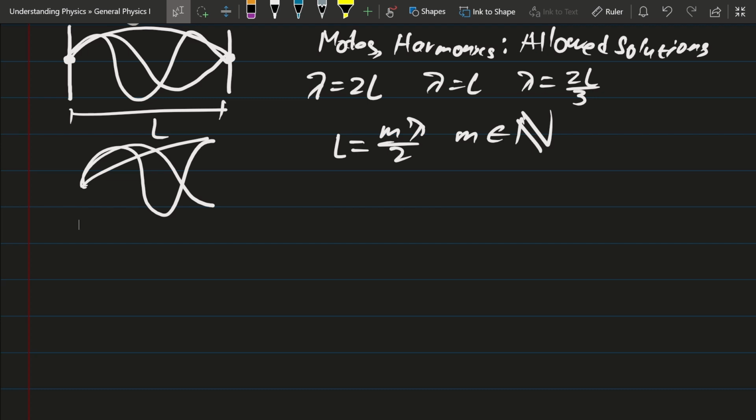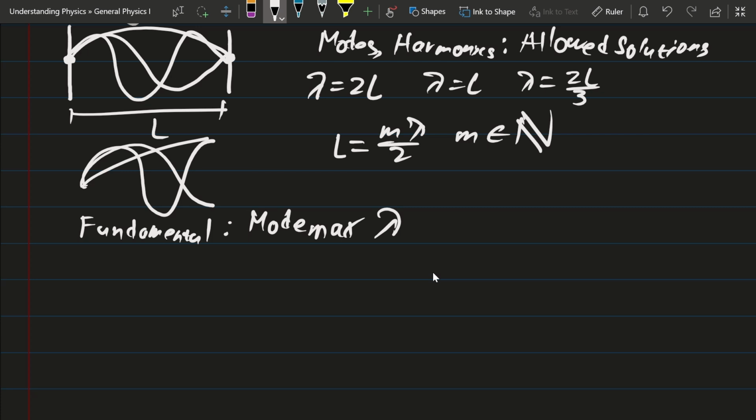So another type of terminology is that there is something which we call the fundamental mode, which is basically the mode with the largest wavelength. So in here it is 2 times the length.